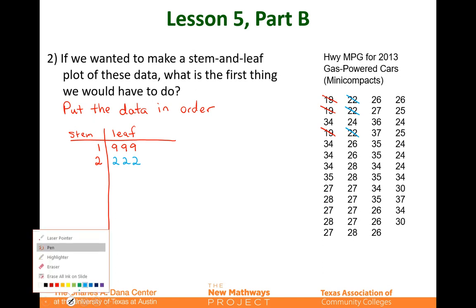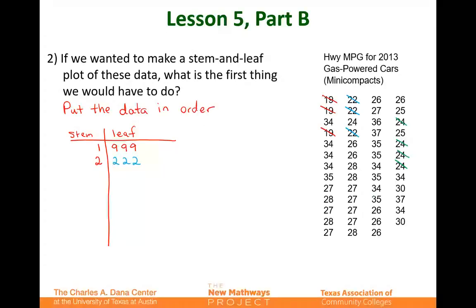Our next, let's see. Do I see any with 23? No, but I see quite a few with 24. Let's see if we can find them. 1, 2, 3, 4. Let me look one more time. I don't want to leave any out. It's going to throw my whole graph off if I do. So I see 1, 2, 3, 4, 5 that have a value of 24.